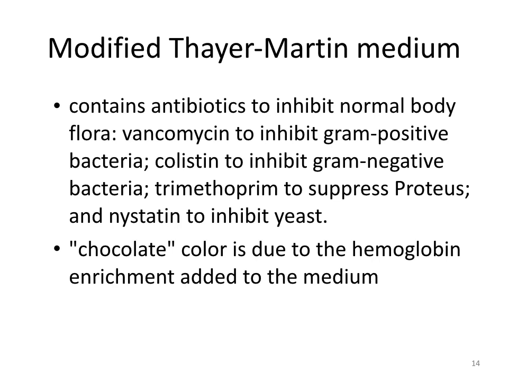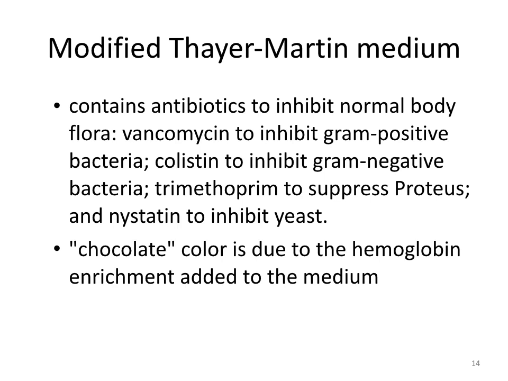Now, the Thayer-Martin medium can be modified. For example, you can add trimethoprim to vancomycin, colistin, and nystatin. Now, vancomycin is there to inhibit gram-positive bacteria. Colistin can inhibit gram-negative bacteria. Trimethoprim can suppress Proteus. And nystatin can inhibit Candida, for example.